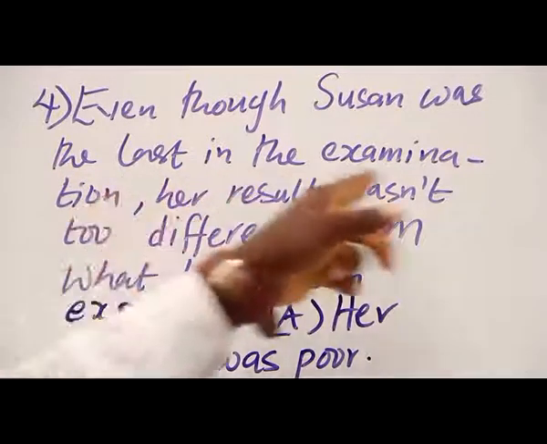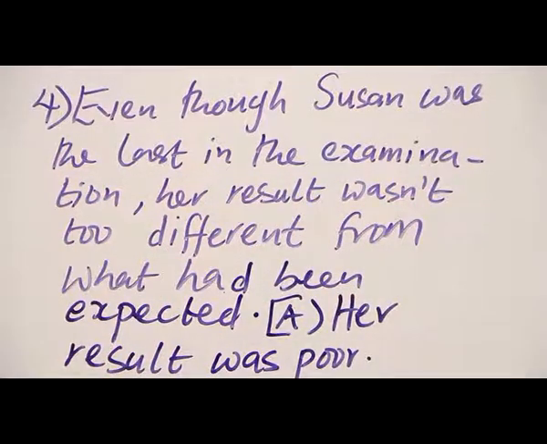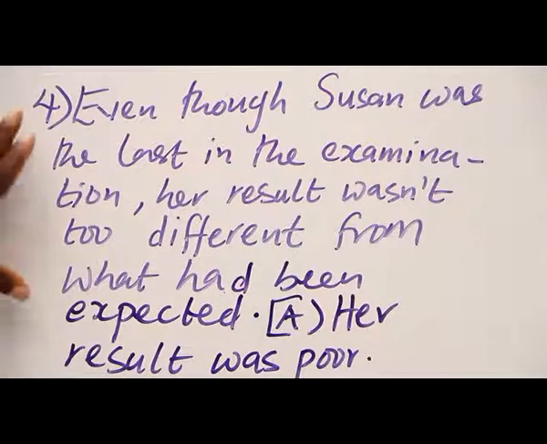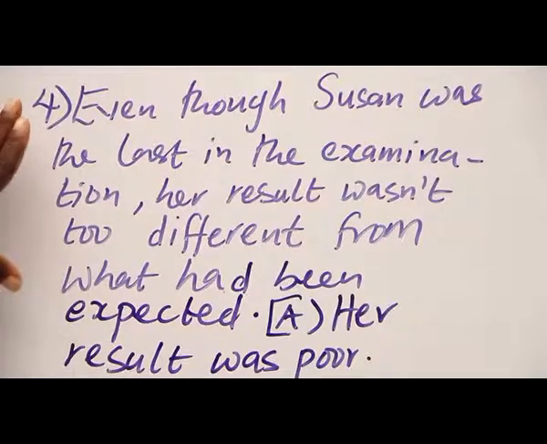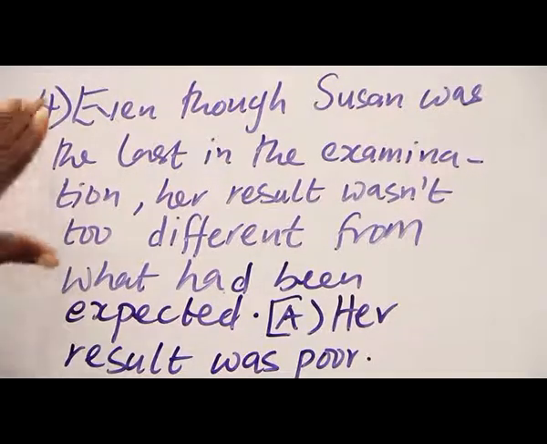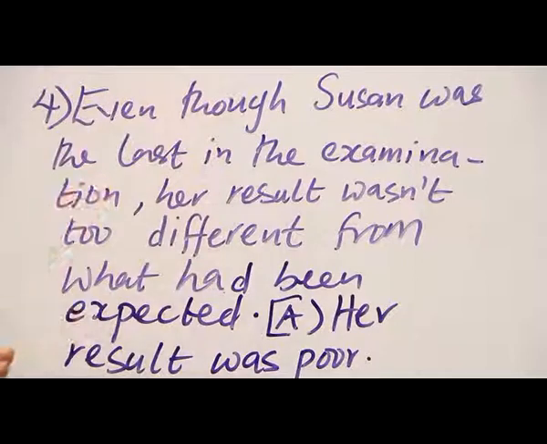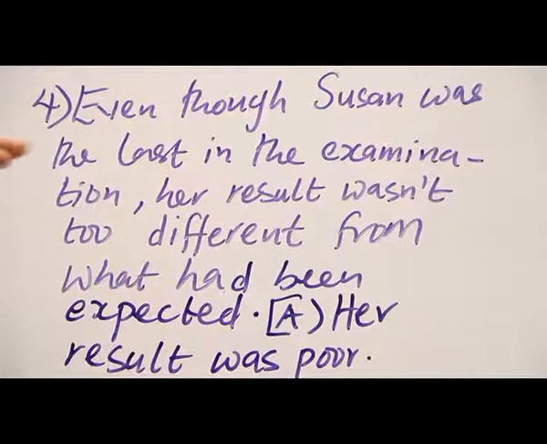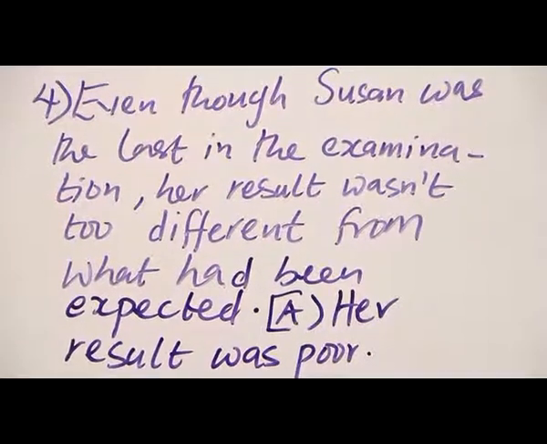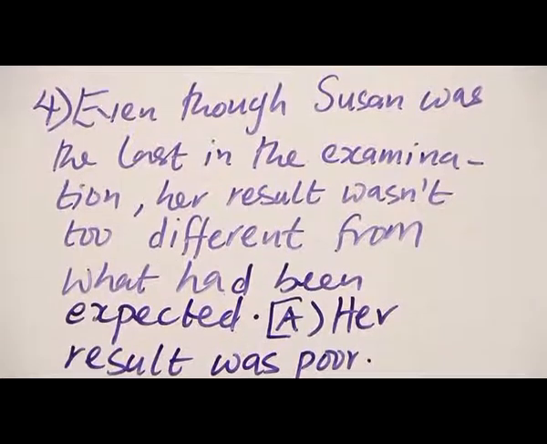But this expression can be ambiguous. Either she was last in position or she was last in finishing. That is the point you want to look at. So you must critically look at your sentence. This again is on meaning derivation, and you must be very careful when you're looking at the meaning of given sentences. So to that extent, we'll say A is not our answer.